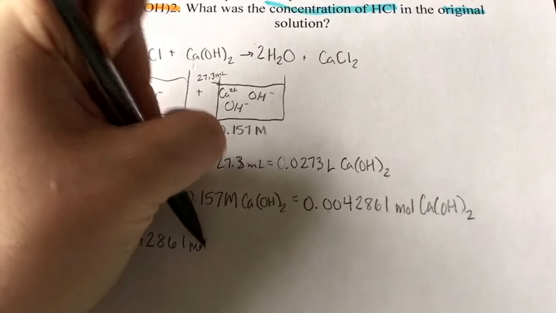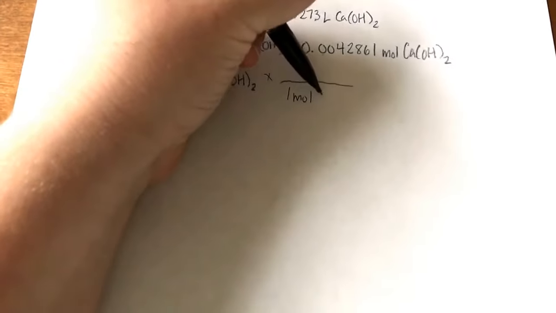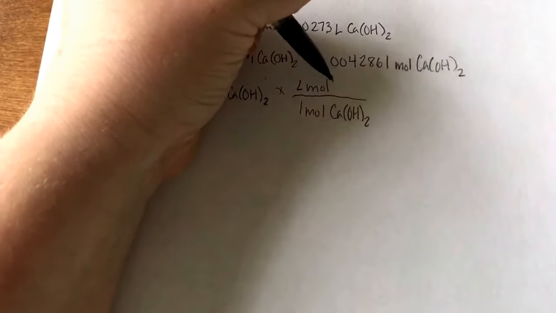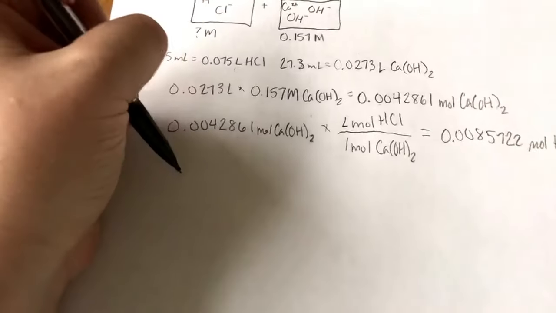So to simplify it, we need our 1 mole of CaOH2 on the bottom and our 2 moles of HCl on top, which will give us our moles of HCl, which is 0.00857222 moles of HCl.